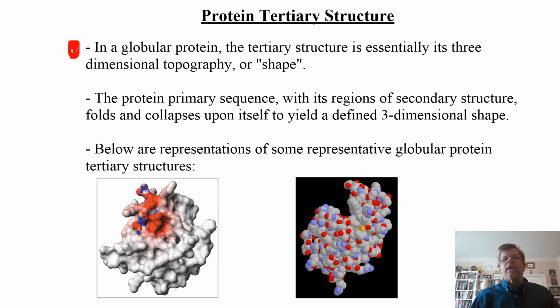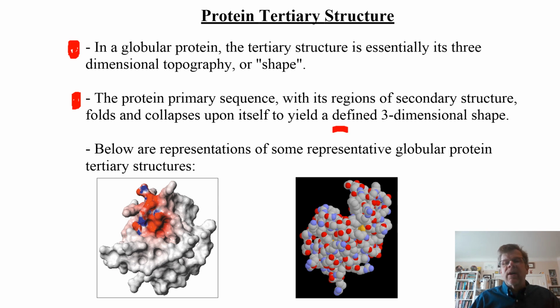They collapse on themselves, like the analogy of a string of yarn. If we took a long string of yarn and bashed it all up into a ball, we would have something that looked like a ball of yarn or a glob. So really, all of that primary structure of a protein with its areas of secondary structure collapses upon itself to form a defined three-dimensional shape.